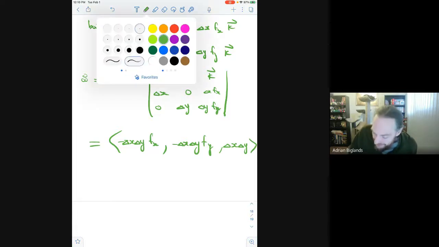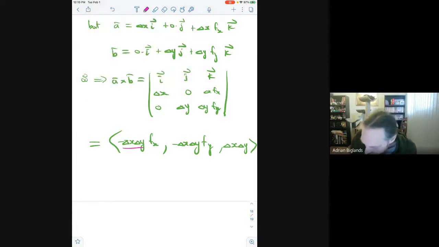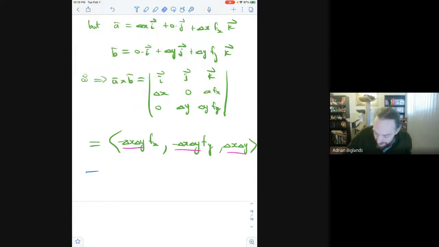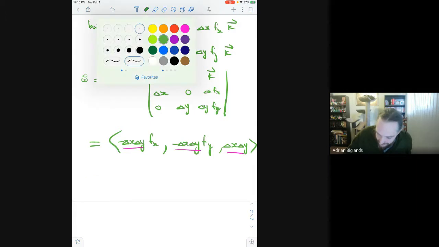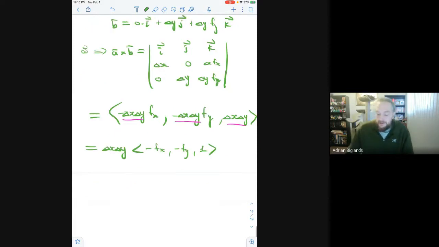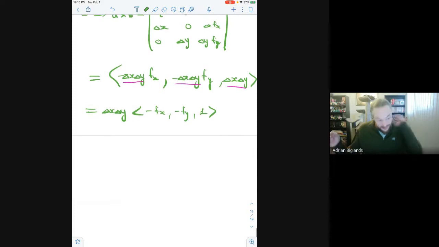I have this in all three coordinates, so I can factor it out using scalar multiplication. This is equal to delta x delta y times negative fx, negative fy, 1.